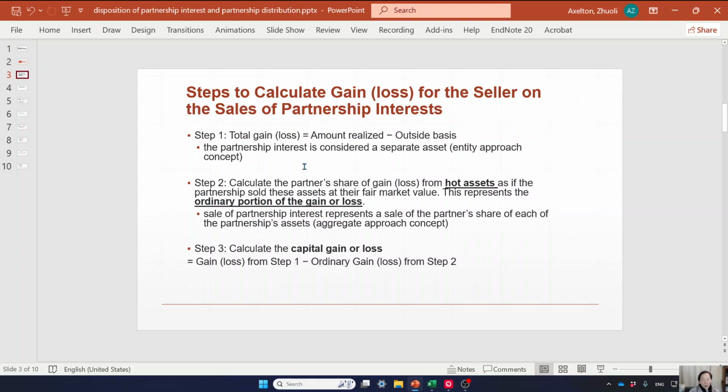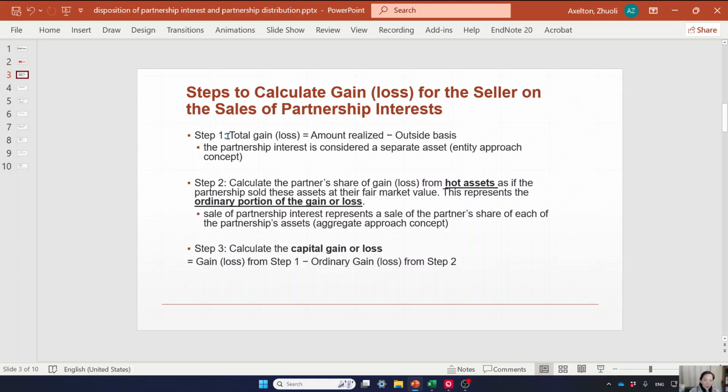Okay, so now let's get to the disposition of partnership interests. There is a three-step calculation involved. The examples presented in the book lay out the three steps in this calculation for the partners.